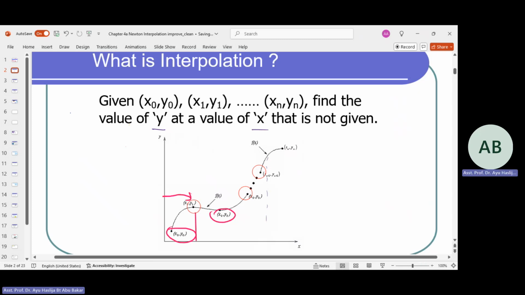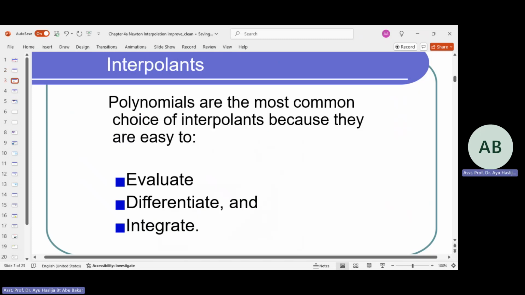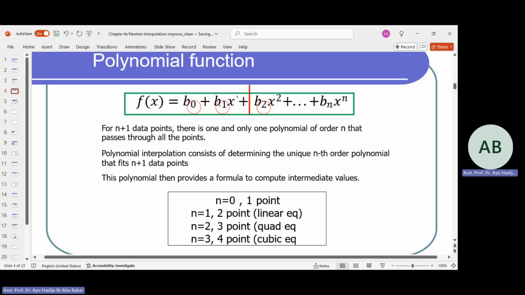So you need to do the interpolation. This is the unknown x, the unknown value. Polynomial interpolants are the most common because they are easy to evaluate, differentiate, and integrate. There is also integration involved.